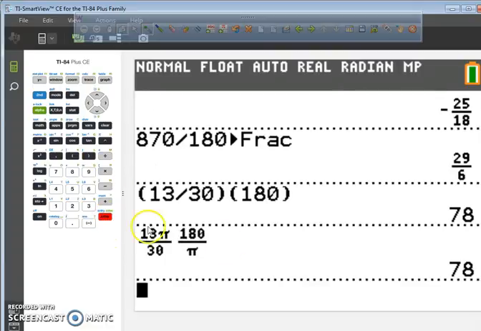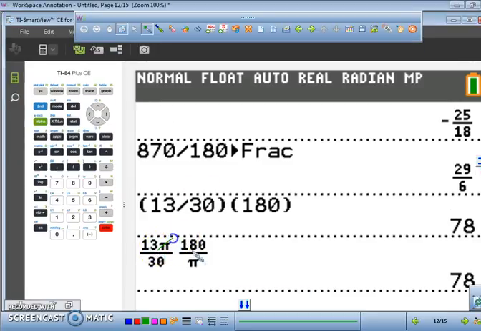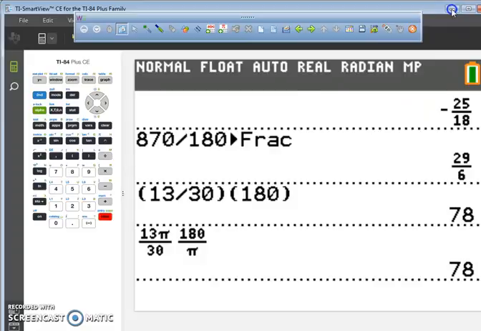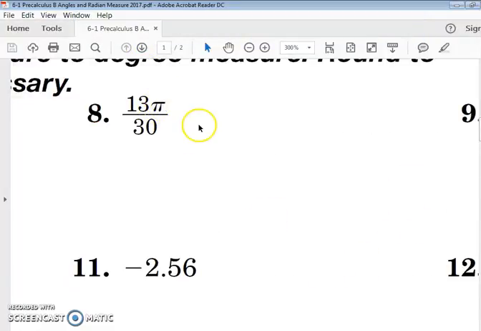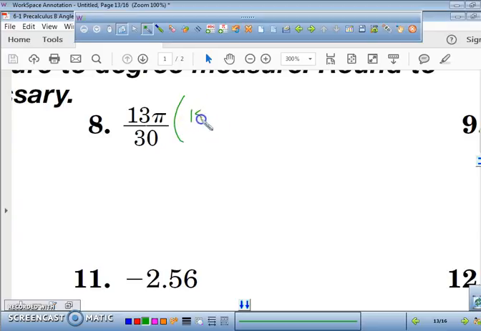Yes, you can do it that way. What do you still get? 78. Now, what does the calculator do for you? These will cancel out, and it will simplify. So, what I'm telling you is this. If you see a pi in the numerator, what do you know for sure is going to happen every single time? That pi will cancel out, so it just saves you a step.